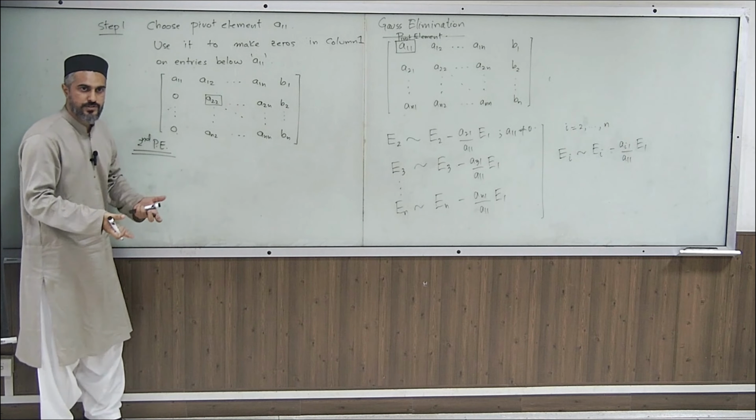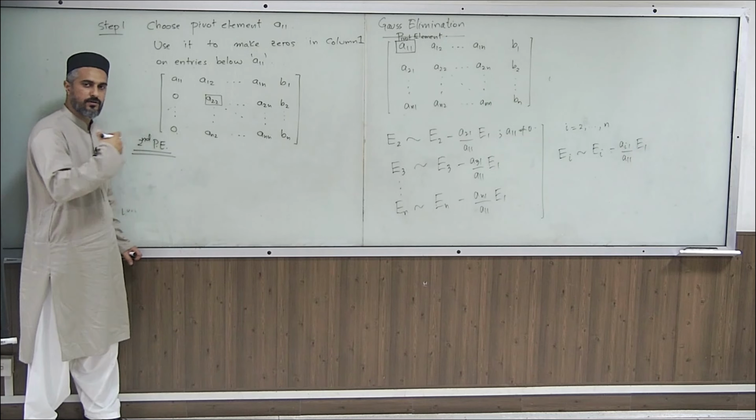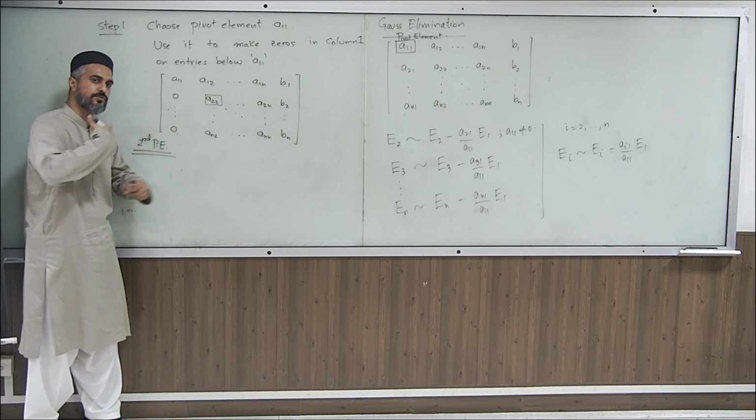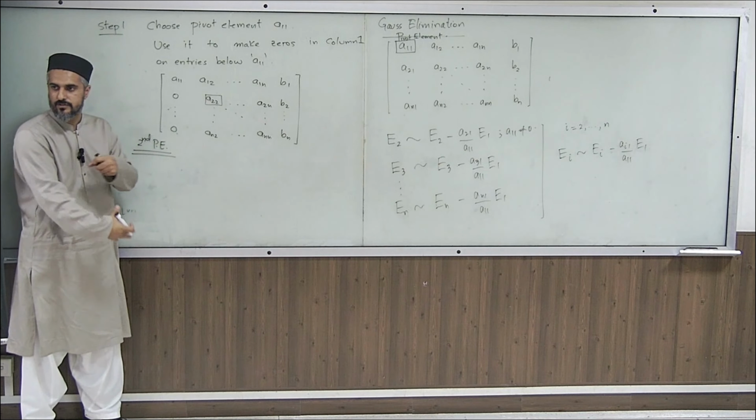Our objective is the same: to make all elements below the pivot element 0. The changes are going to occur from row number 3, using row number 2.